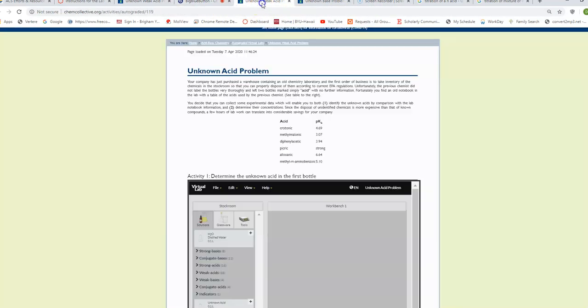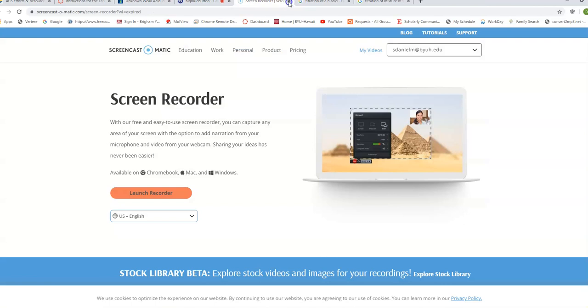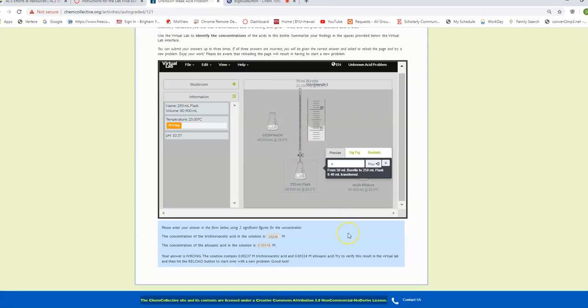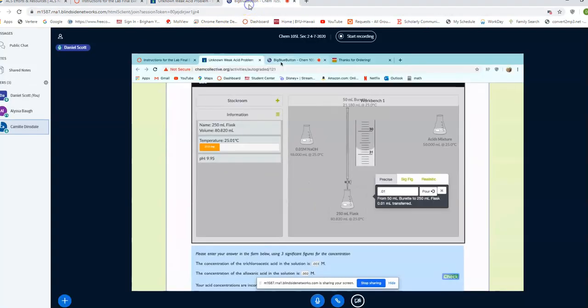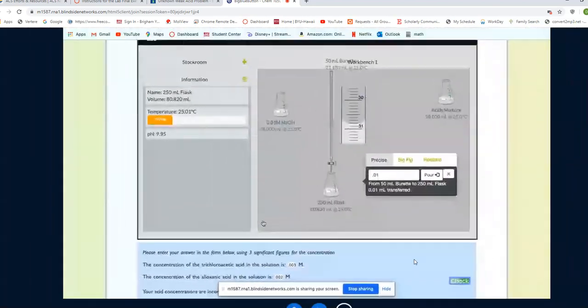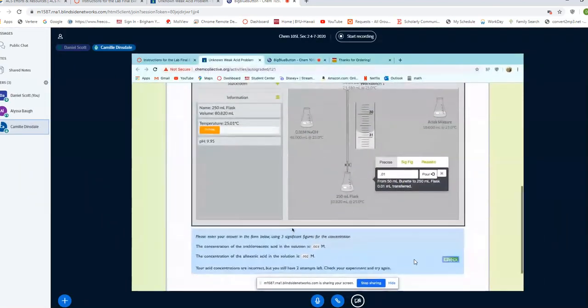I'm trying to look at the last one and see what we did. The last one was 13.39 and then turned into 0.01339. So let's see. We still have a chance, right? Yeah, I still have 2 more tries on this one.